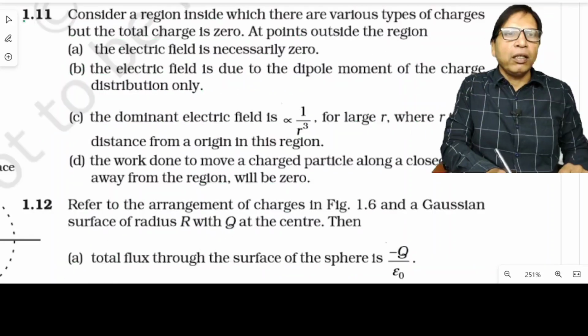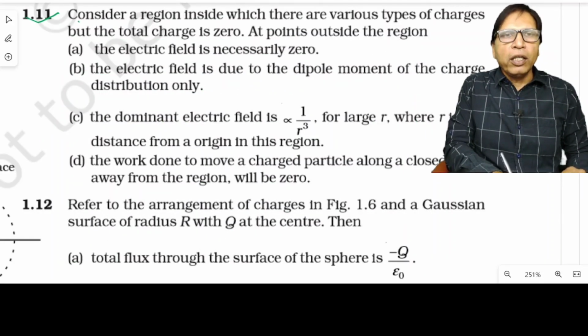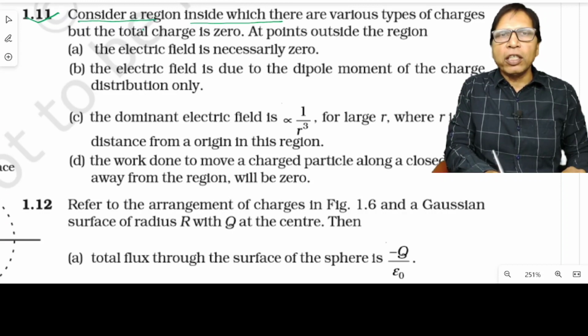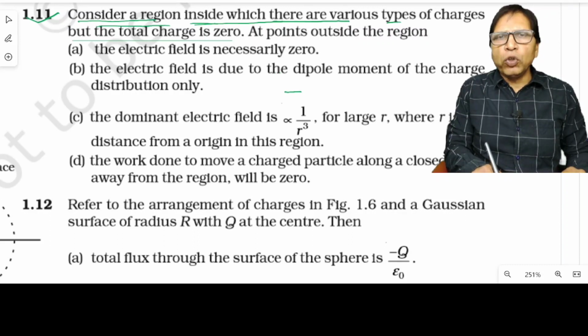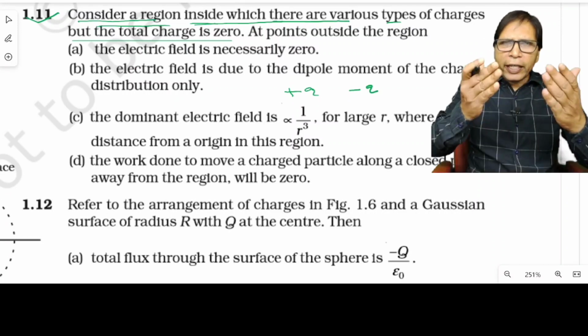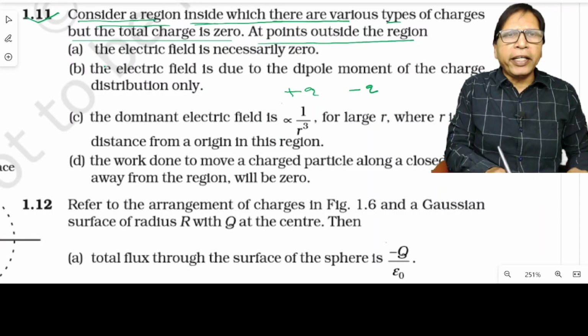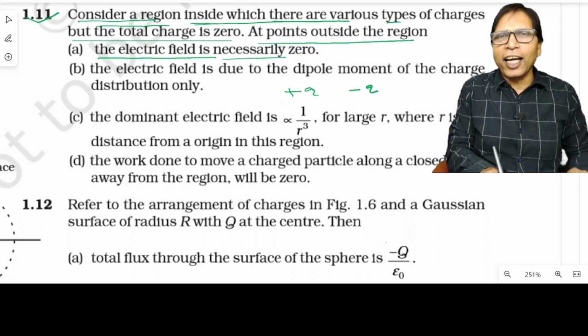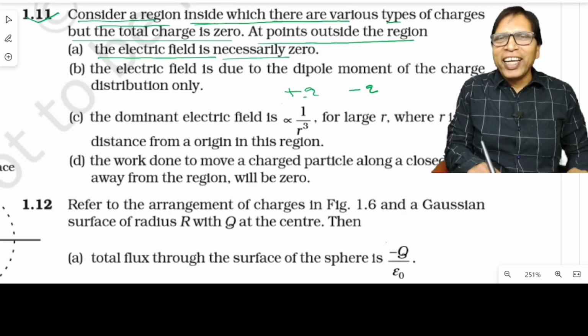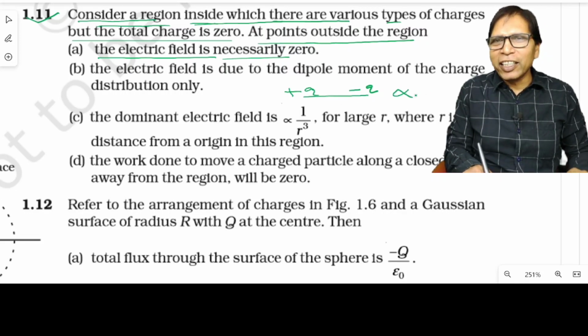Now question number 1.11. Consider a region inside which there are various types of charges, but the total charge is 0. Total charge 0 means equal amounts of positive and negative charge are present here, so an electric dipole is produced. At a point outside the region, the electric field is necessarily 0? No, the electric field due to a dipole is directly proportional to 1 by r cube.